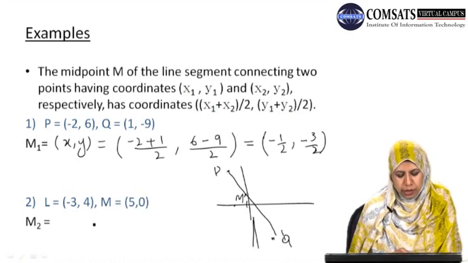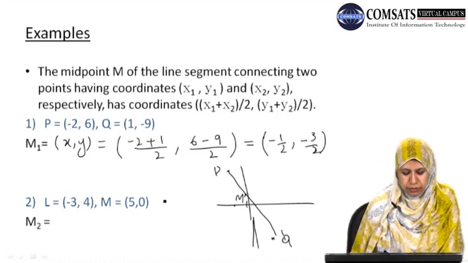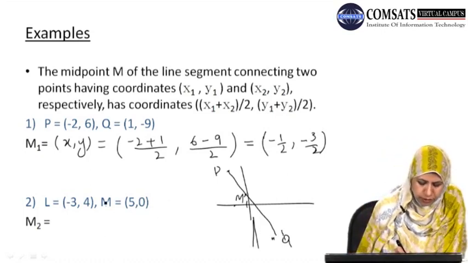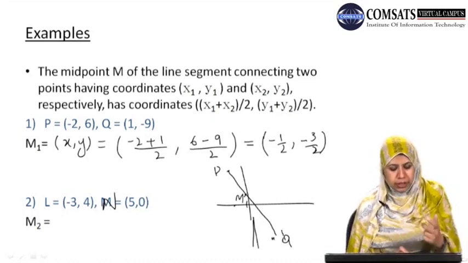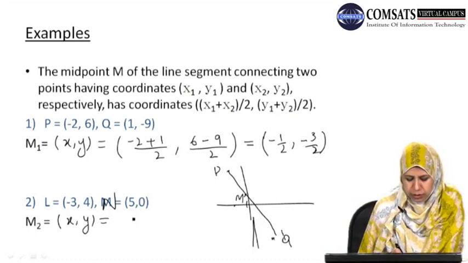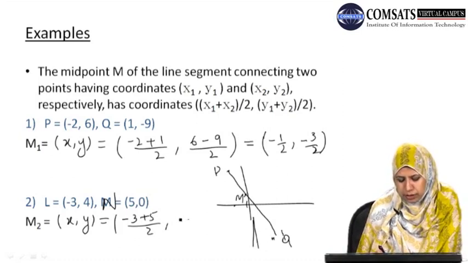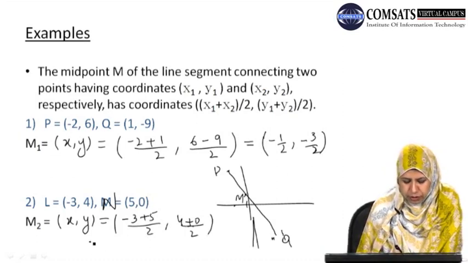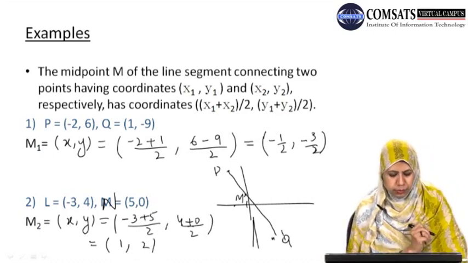Okay, let's have a look at another example. When we have one point having coordinates -3, 4 and second point having coordinates 5 and 0, call it as N, otherwise we will mix up with the midpoint M. So the midpoint in this case will be equal to x, y, which is equal to (-3 plus 5) divided by 2, and same process with the y coordinates, that is (4 plus 0) divided by 2, which is equal to 1 and 2.